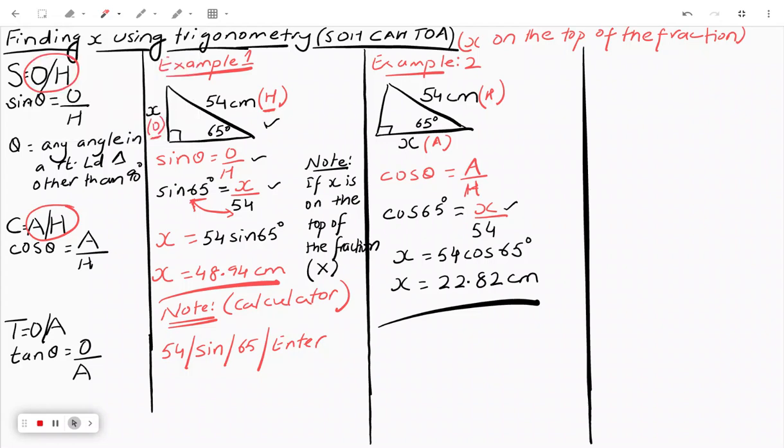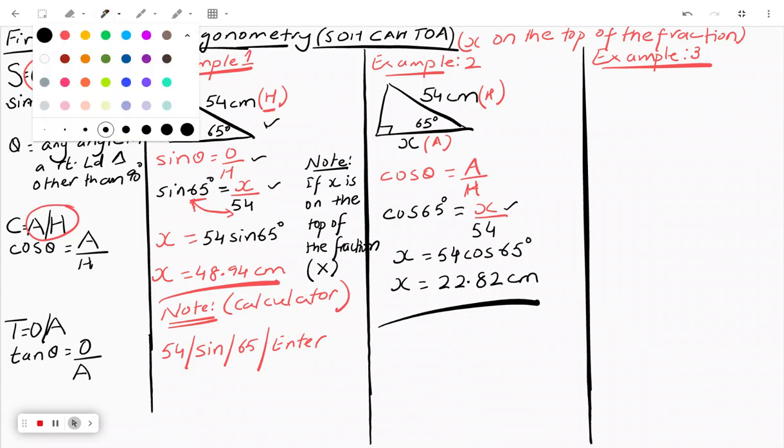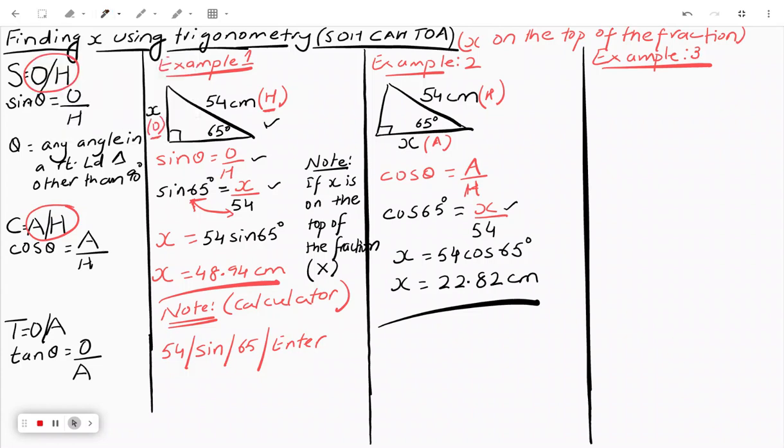So example 3 is, let me just show you something in this example. Let me just flip the triangle around as well, and I'll show you it does not matter how the triangle's drawn. Okay, so I flipped the triangle, right? And I want to find out the x again.